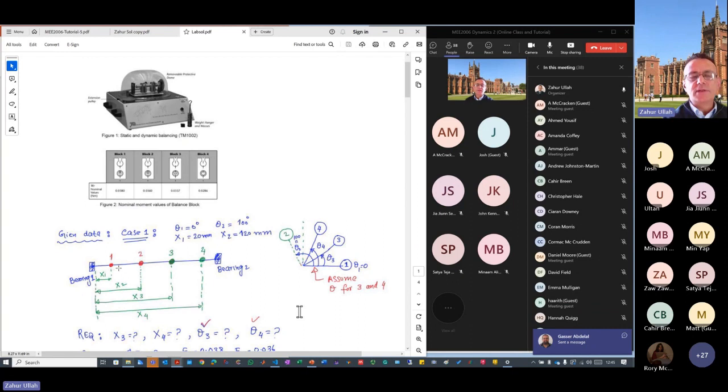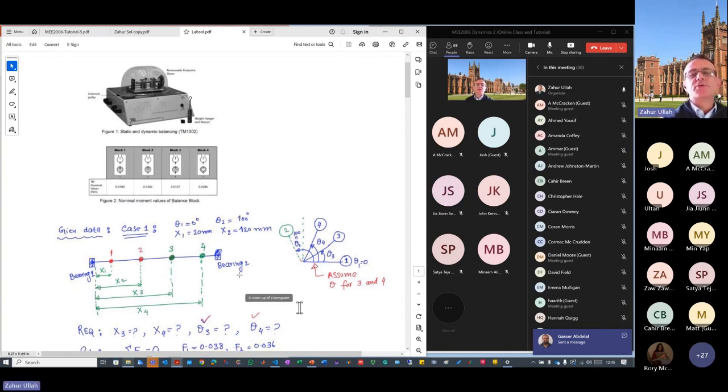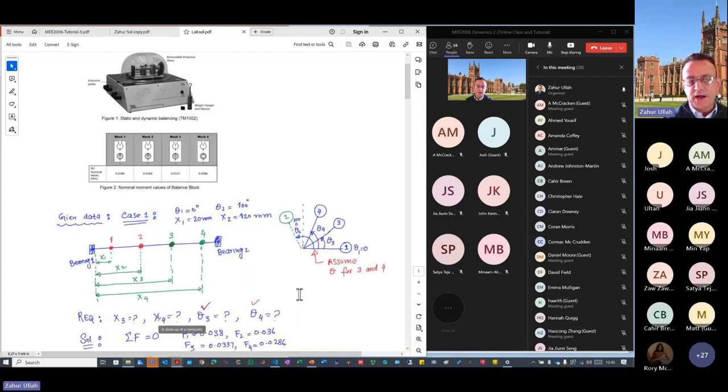So you are given these first 2 masses, and you need to calculate the additional distances. This means that x3 and x4 are unknown. Because you are given the MR, you don't need to calculate MR here. You need to calculate theta 3 and theta 4.